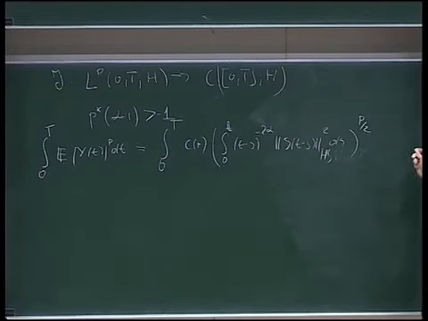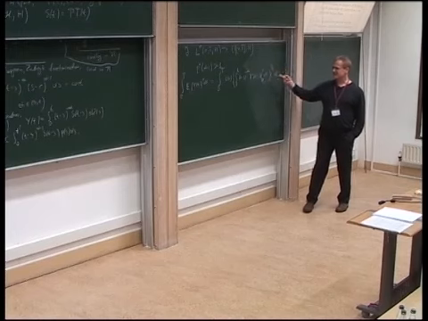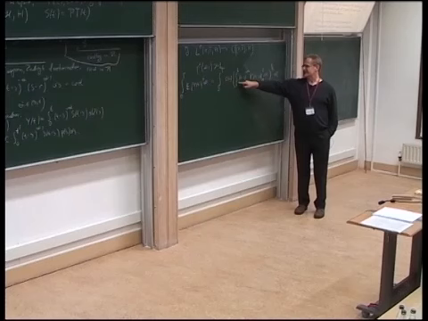And then, of course, we have dt. And that's what is nice, that we have p over 2 outside of this. So what is really needed is that this integral is finite.